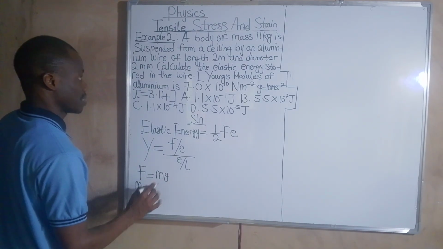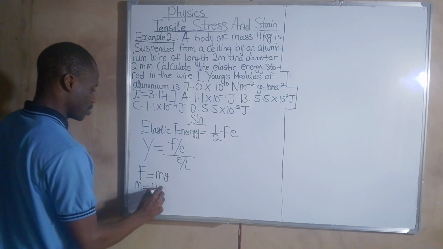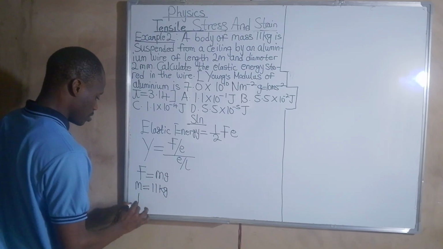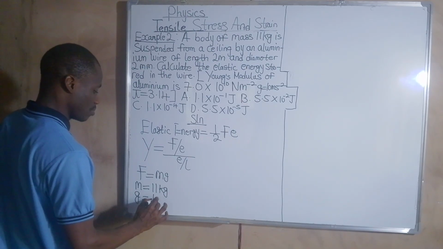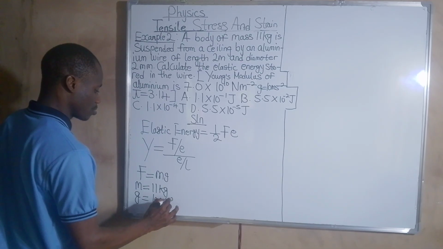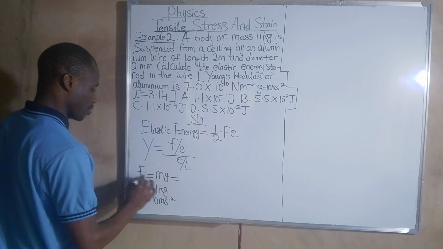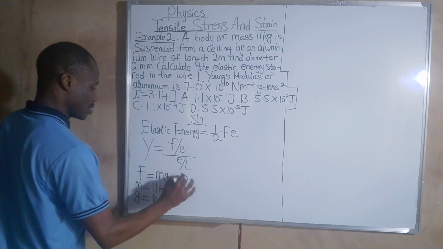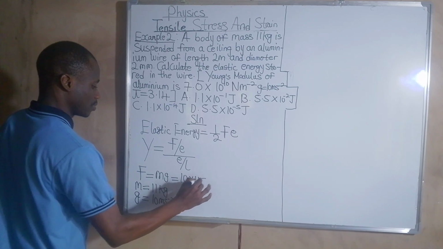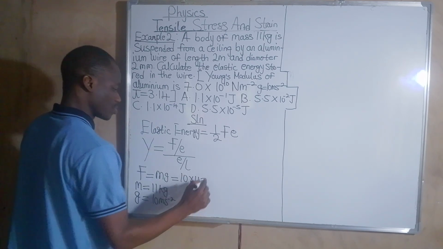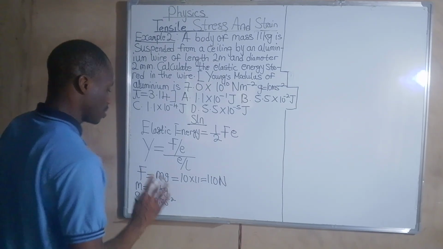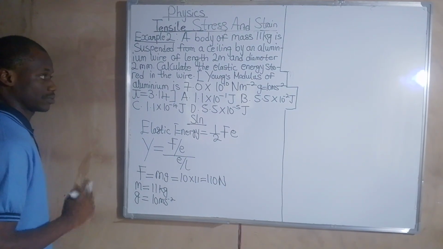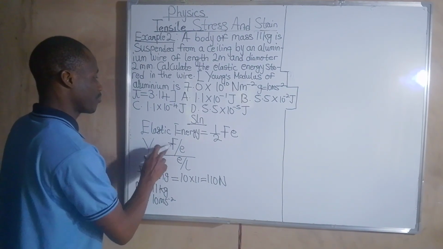Mass is 11 kg. G, acceleration due to gravity, is given as 10 m/s squared. So the force is 10 times 11, which will give us 110 Newton. That is our force. So we have gotten force.